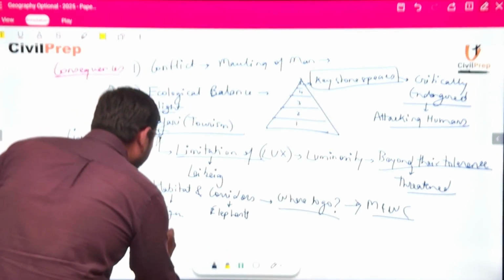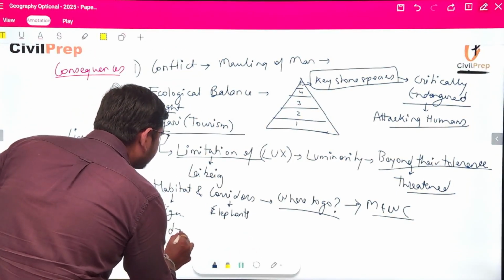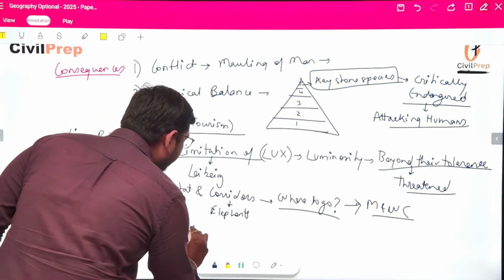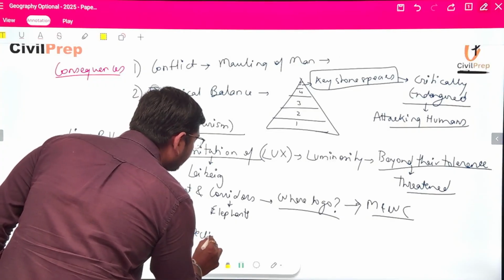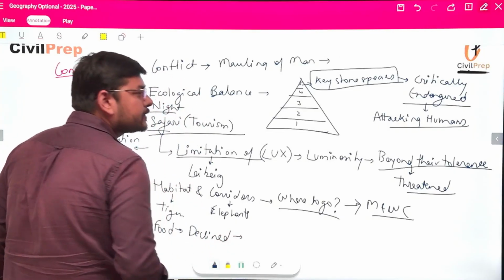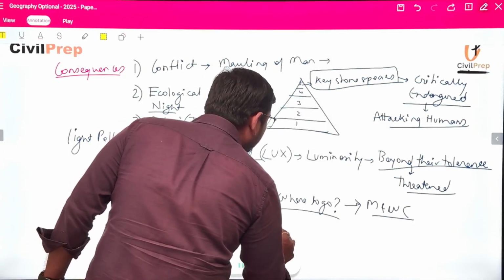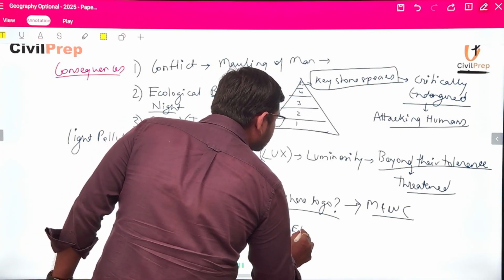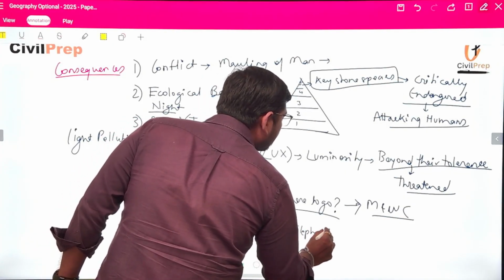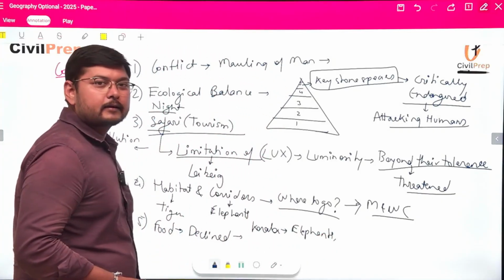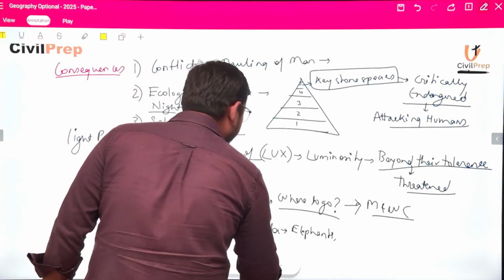So the food which is present is also getting declined. For example, in the region of Kerala, the elephants enter the field. Not only Kerala but also Karnataka, the elephants enter the fields here.